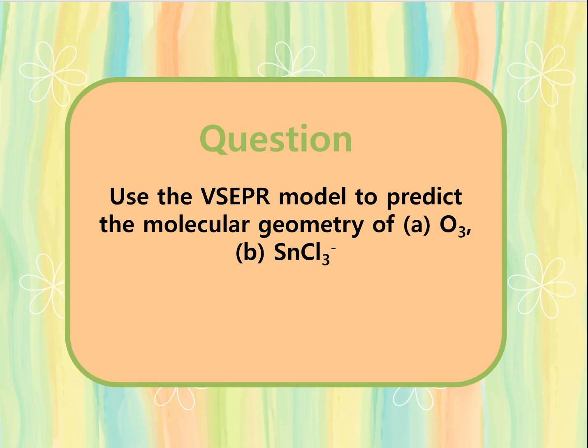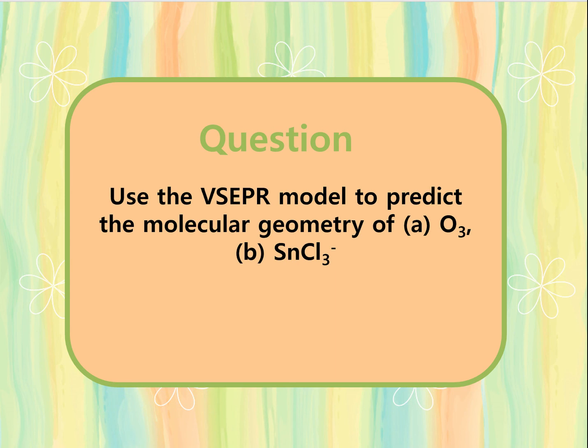So let's see if we can answer this question. Use the VSEPR model to predict the molecular geometry of ozone and tin chloride, right? So notice that there's a negative charge on the tin there, which means that we have gained one electron. Right, so go ahead and pause the video and try to answer this question. All right. And so the first step is that you're going to draw your Lewis structure of these atoms.